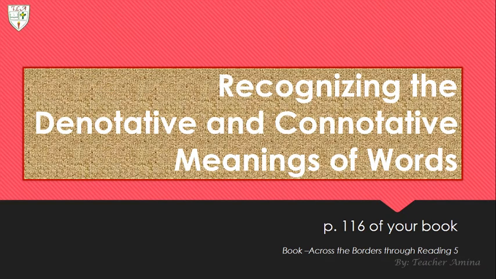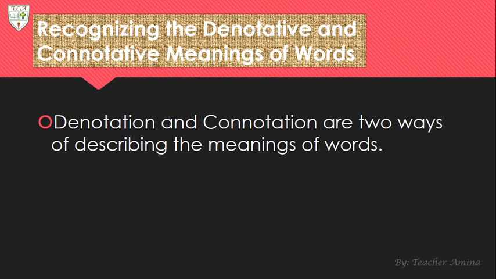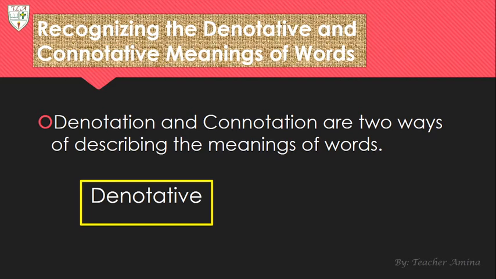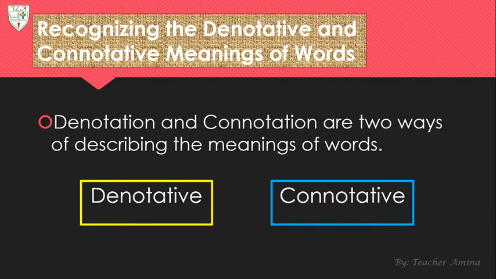Next lesson is about recognizing the denotative and connotative meanings of words. It's on page 116 of your book. So denotation and connotation are two ways of describing the meanings of words. We have denotative for denotation, and for connotation we have connotative.